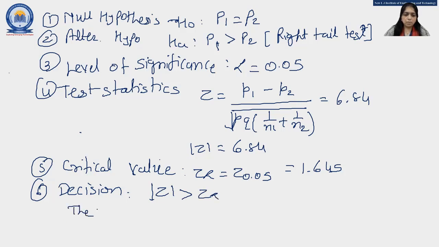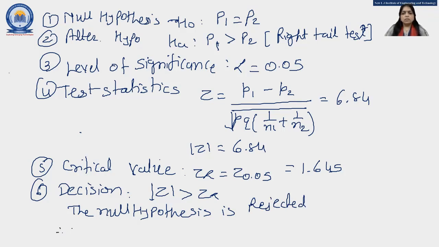Therefore, the null hypothesis is rejected. It means the consumption of tea is decreased after increase in excise duty.